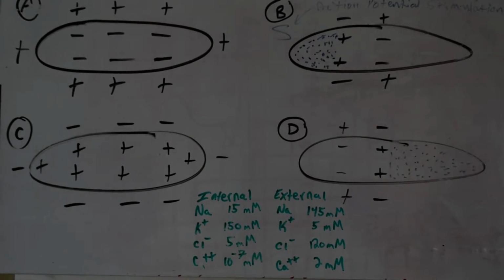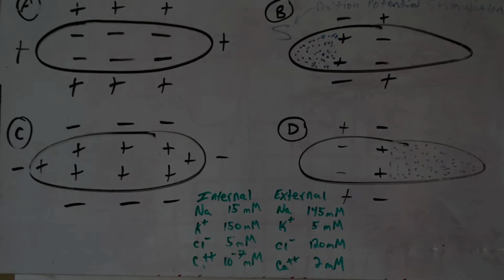Well, what it means is if we look at the cell, so this circle up here being the cell, and we have an A, B, C, a D. So this cell, same cell here, in A, normally what happens, and I drew this thinking about a cardiac myocyte, a cardiac cell. The cell is negatively charged inside, so you see these dash lines, and then the plus signs on the outside.